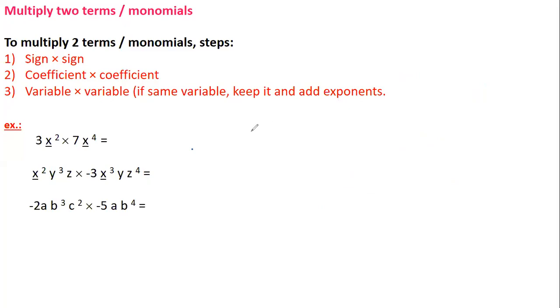If you have x times x, who can tell me what will be the answer? To the power of 2. Please, the same. X squared. Bravo. But here, x squared comes from a rule we studied in the powers lesson, if you remember. If we multiply the same base with different exponents, what do we do?